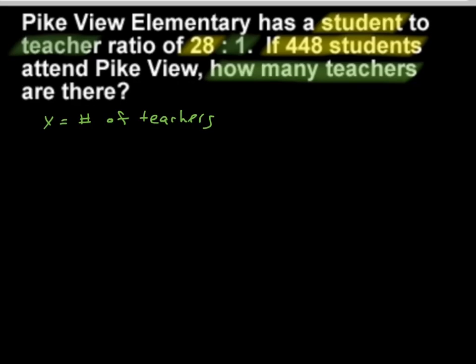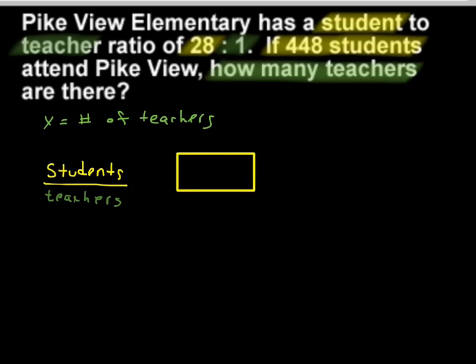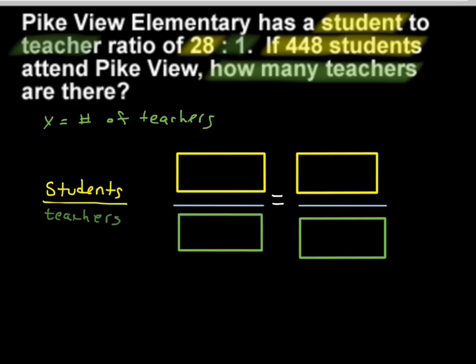So now we need to start making our proportions. So what I'm going to say is this. The two things here are students over teachers. Those are the two things we're looking at. So students, what do we have?